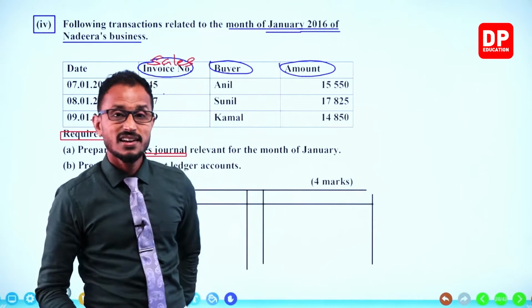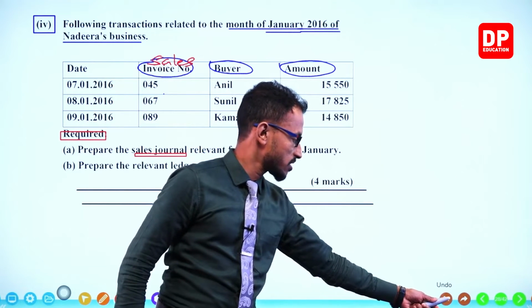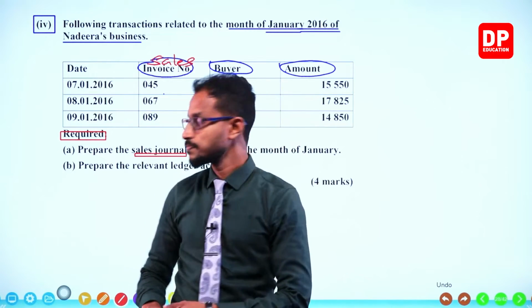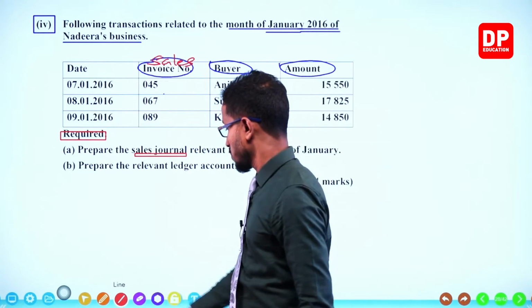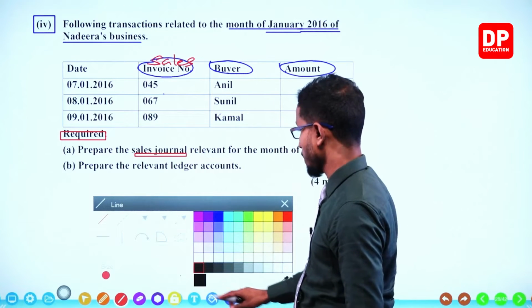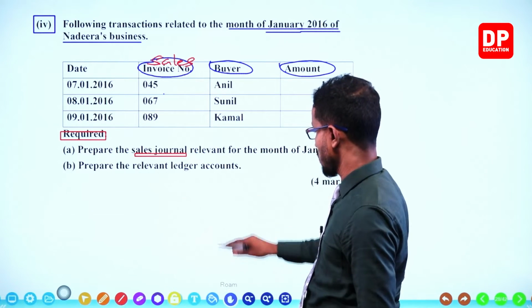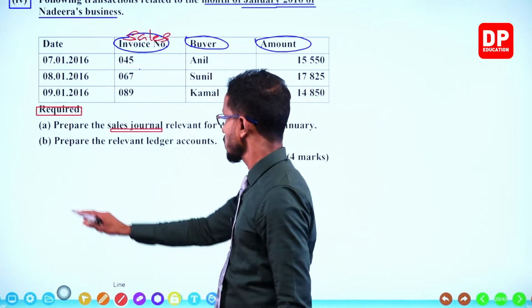Well, the amount column is too big, see? I don't like it. It doesn't look good. Now I'll draw this with more space.